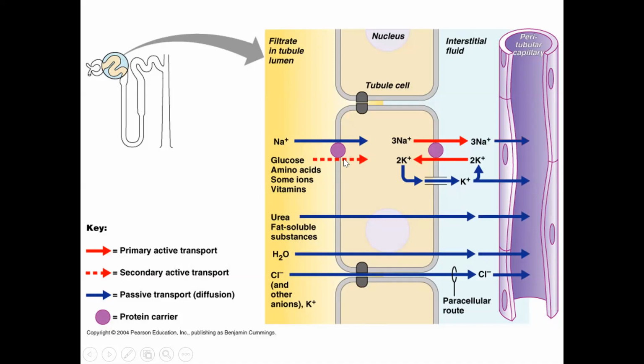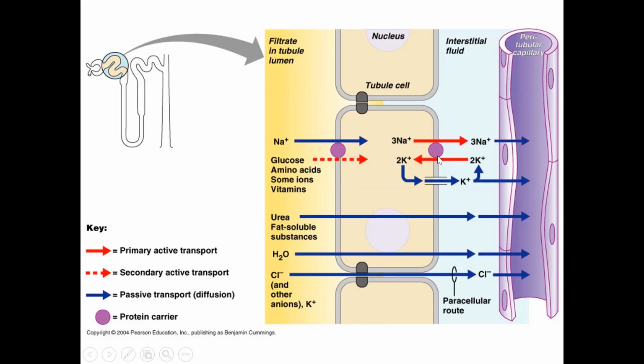This is the second part of the secondary active transport. So if you look at secondary active transport, it has two parts. The first part is the primary active transport, the pumps. The second part is facilitated diffusion.